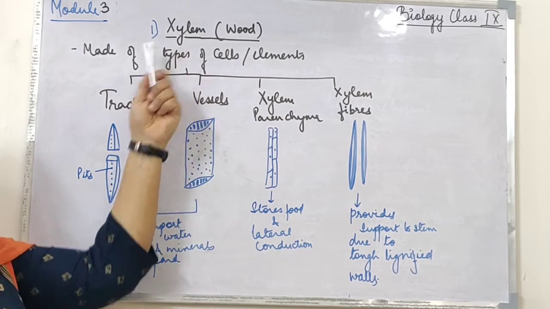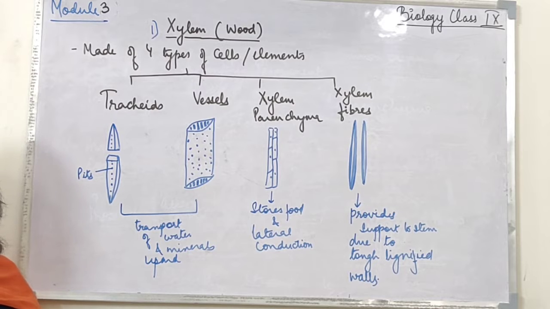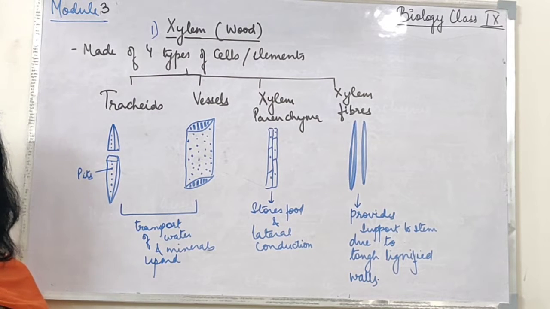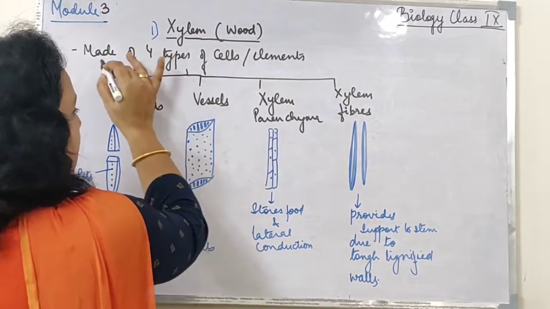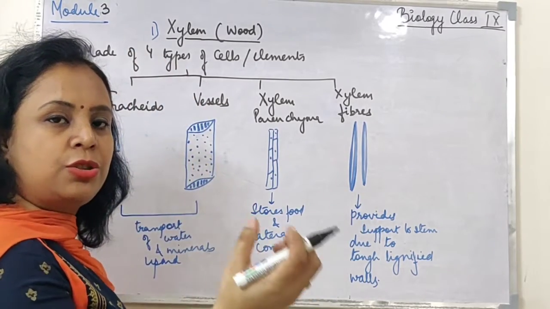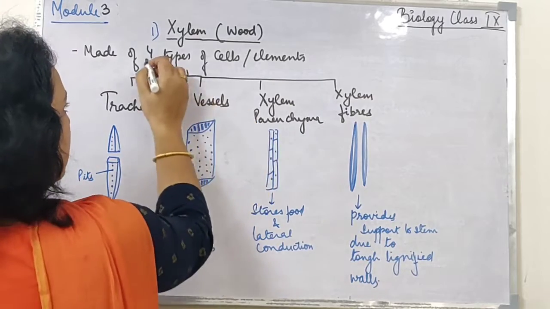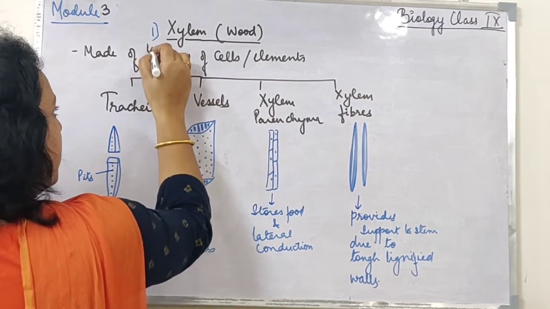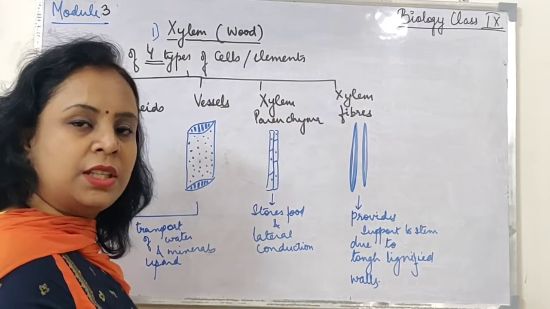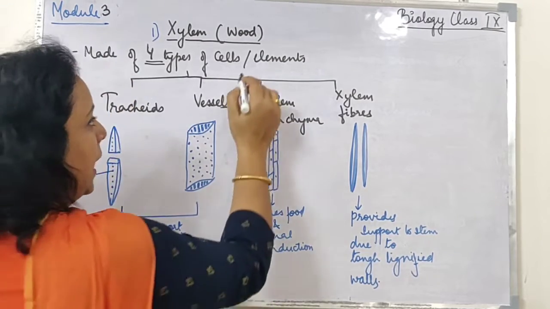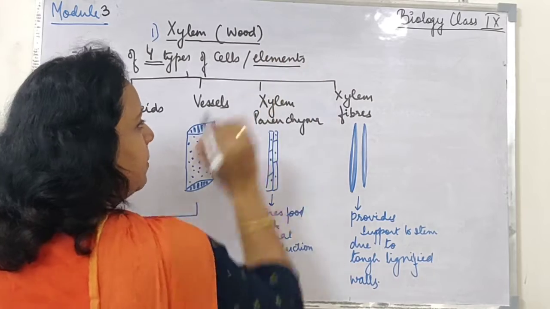Now xylem, children, is present both within the stem as well as in the root. As I told you, xylem is a complex tissue. It is made up of more than one type of cell, 4 types of cells. These 4 cells have common origin, and they are also known as elements.